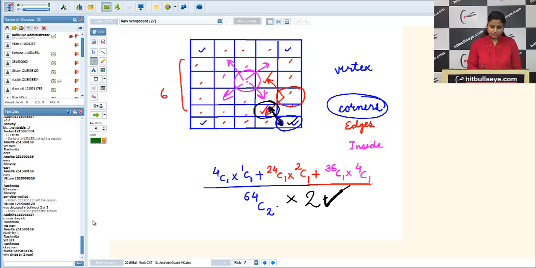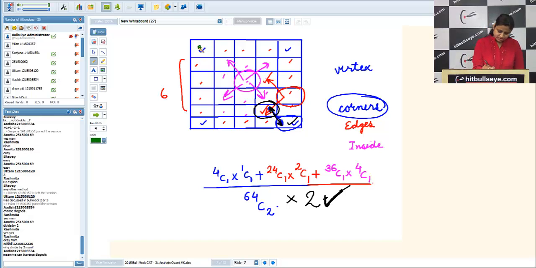See, when you were taking a corner square, suppose the combination you took was this, the green line. But when you were taking the inside square, say this, you were taking again this combination. That's why every combination is counted twice, and we are dividing it by 2. Adish, we can, but there will be many cases.